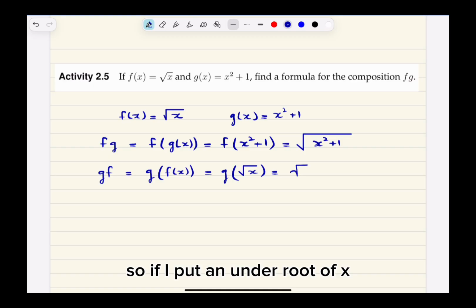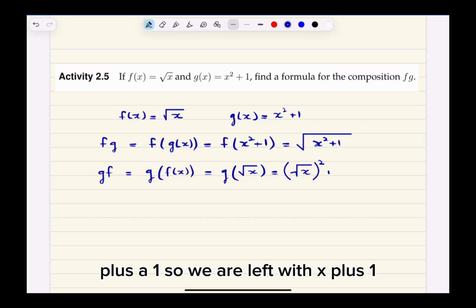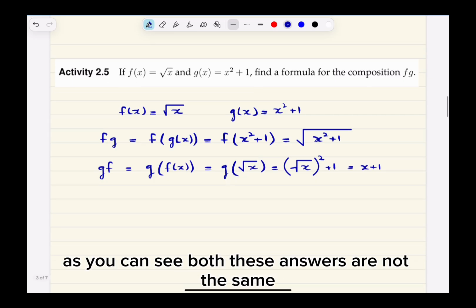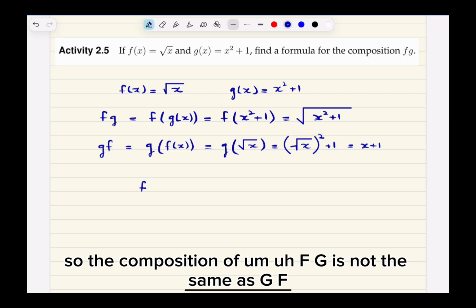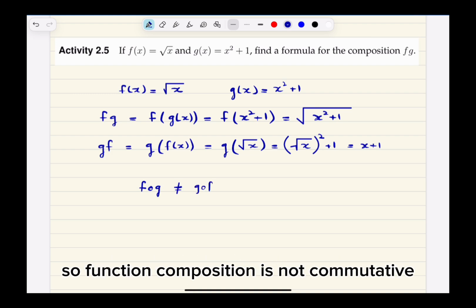So if I put the square root of x, it has a whole square plus 1, so we are left with x + 1. As you can see, both these answers are not the same. So the composition fg is not the same as gf. So function composition is not commutative.